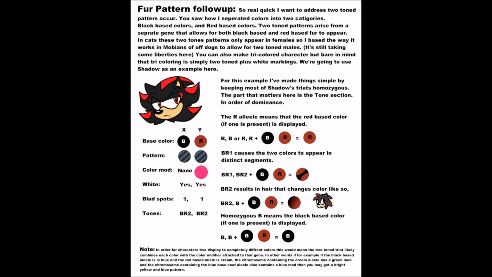But for now, the long and the short of it is, the only way that Sonic and Sally could produce children that look the way that they do would actually require for one or the other of them to be mixed.